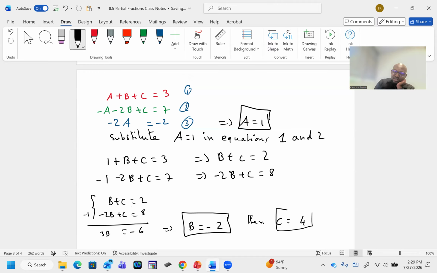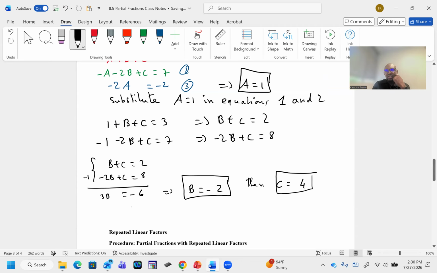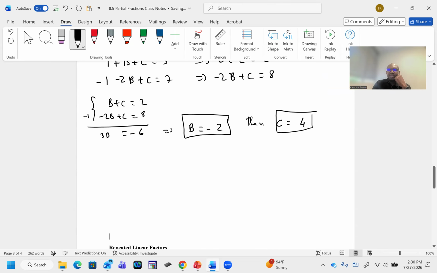As I said, in Calculus 2 you will learn how to solve a system of linear equations. That's what we have, so solve it as is easier for you. So we have our A, B, C now.